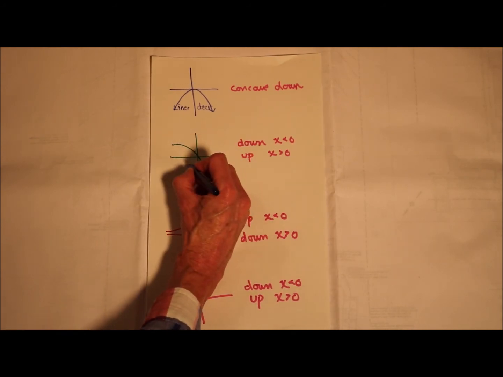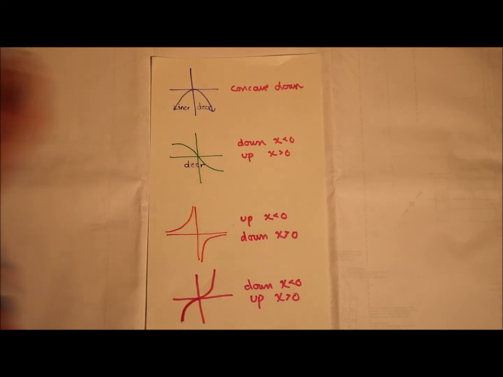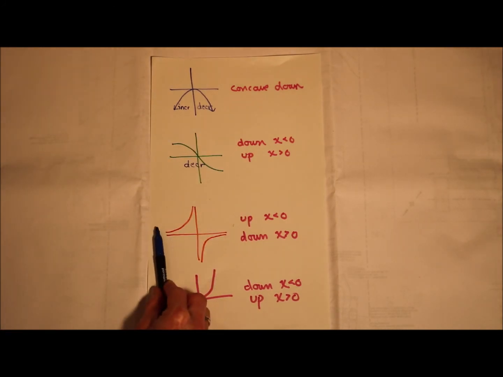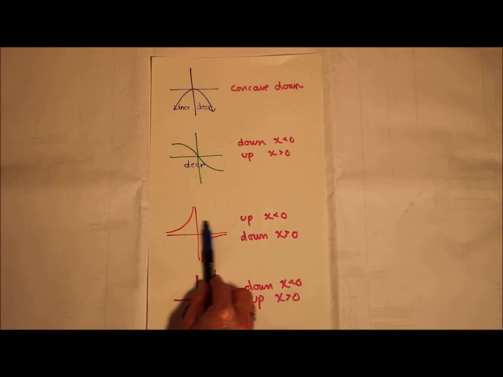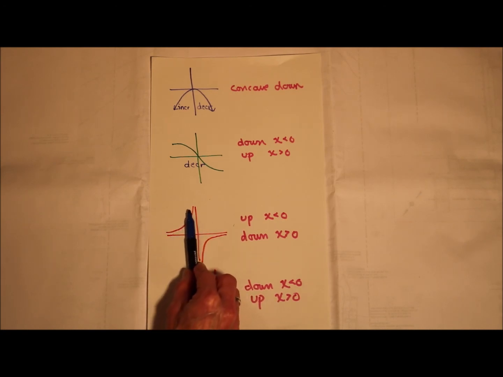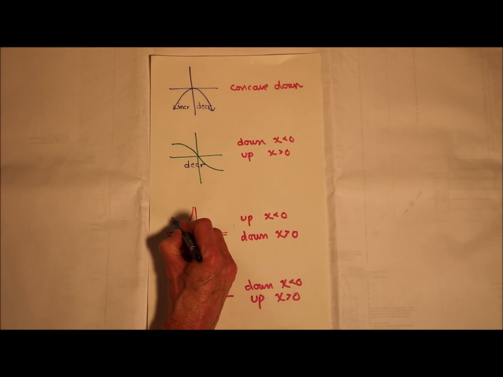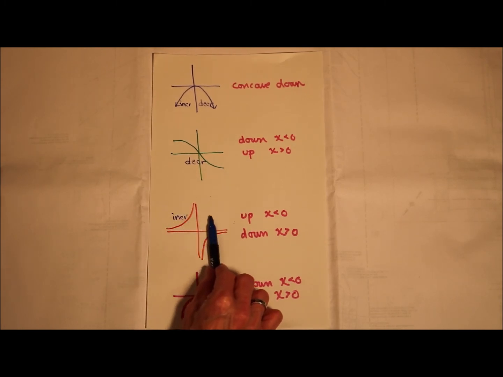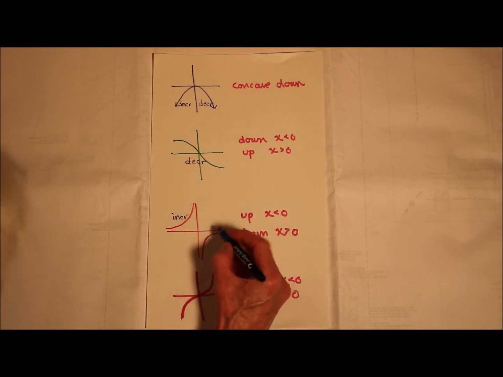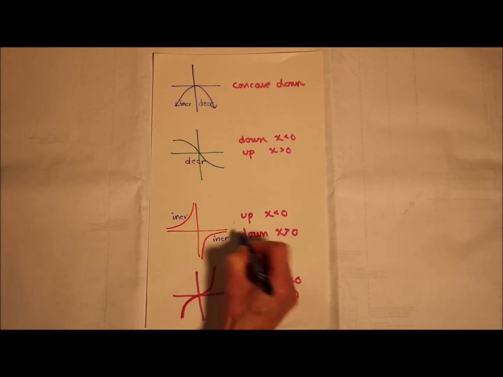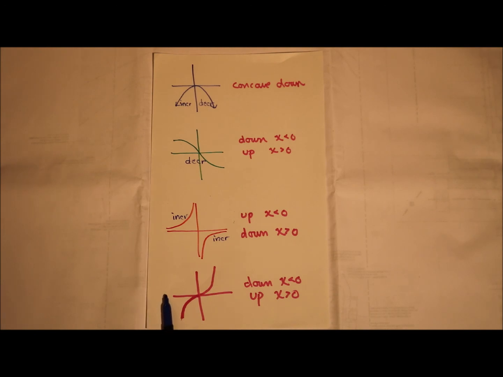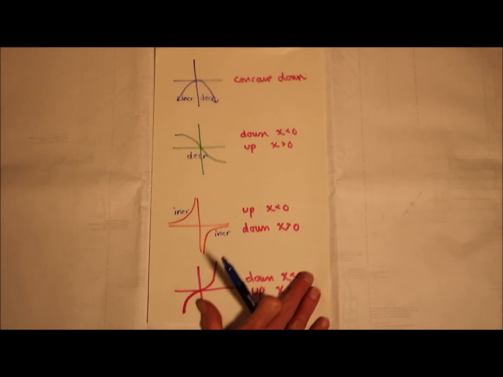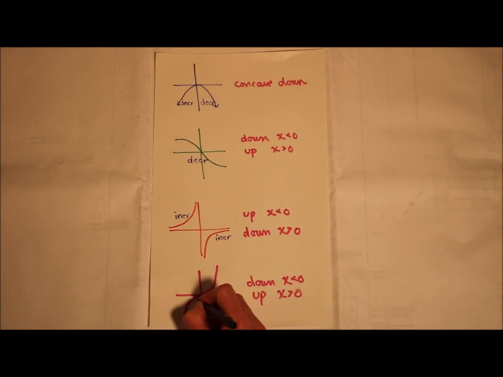So this function is decreasing over its whole domain. Here my x is getting bigger, going from the left to the right. What's happening to the y? Oh, it's increasing here. And what's happening? A little vertical asymptote. Oh, the y is still increasing. How about here? As the x is getting bigger, bigger, bigger, my y is getting bigger, bigger, bigger. So the function is increasing over its whole domain.